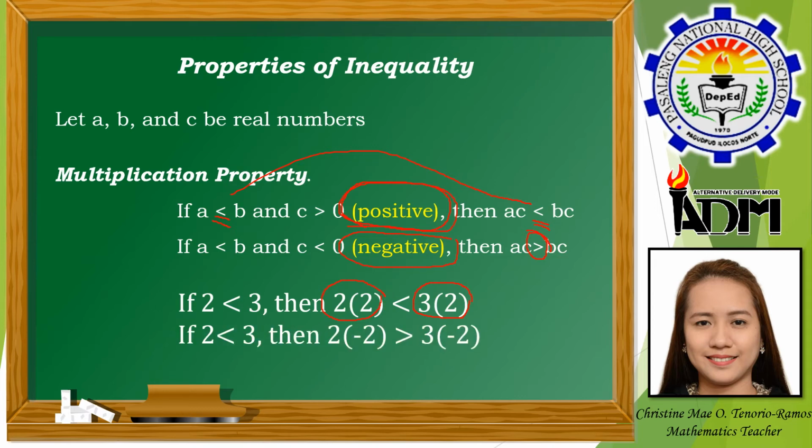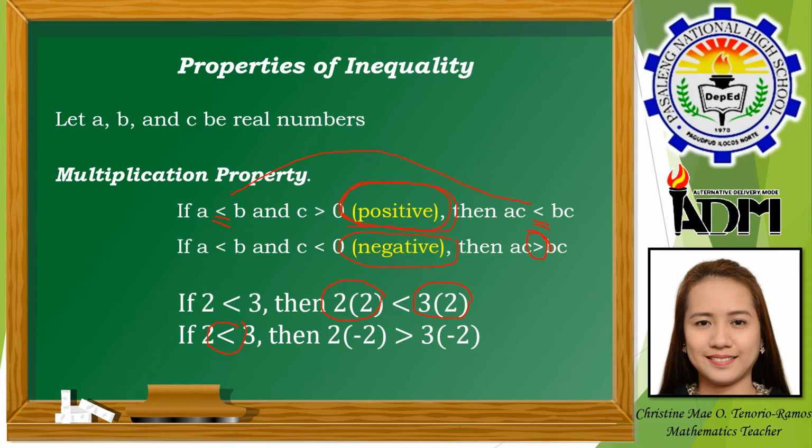While, dito, kapag negative yung ginamit mo, negative 2 and negative 2, hindi na pwede na mag-remain yung less than. Kasi, kapag gumamit tayo ng negative, the more na tumataas yung bilang or yung number na nakikita mo na pero may negative sign siya, the more na bumababa yung value.